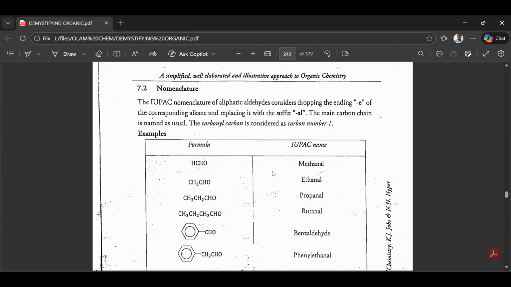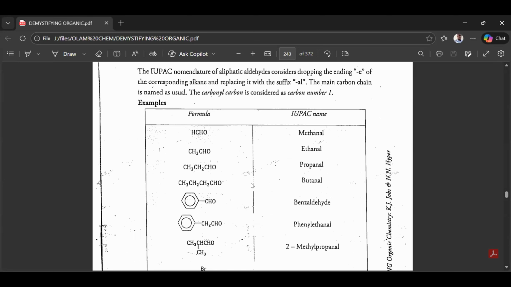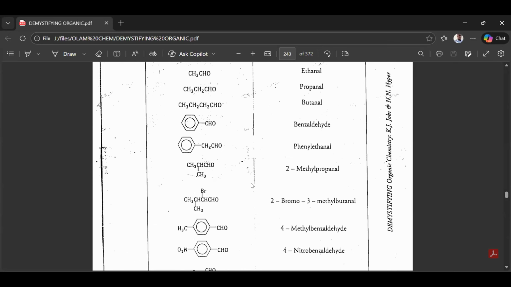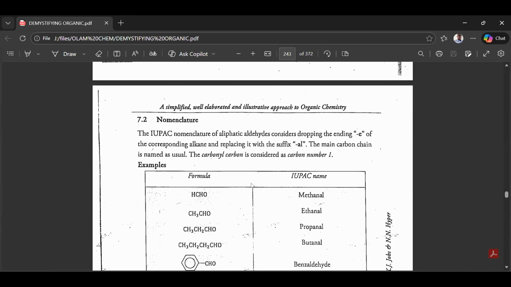So the first one, when you look at this compound, it has one carbon atom. Of course, this is an aldehyde. What we have only here are aldehydes. So now the first aldehyde has one carbon atom.